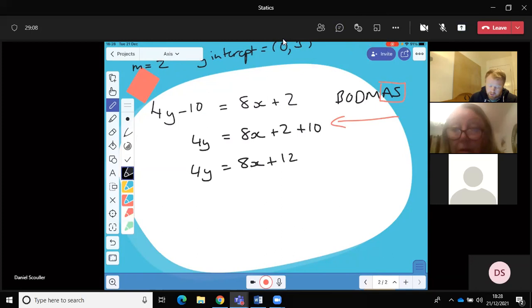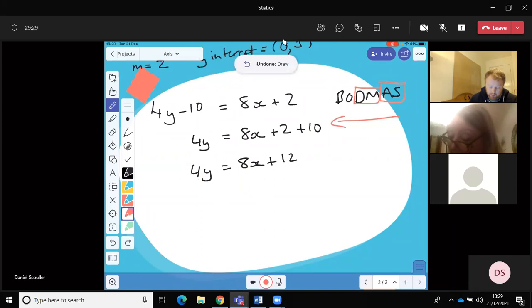Continuing along, we've no more add or subtract there. Continue along BODMAS in a reverse direction: we go to multiply or divide. So we can deal with that 4, because that's 4 times y, so we move that across.